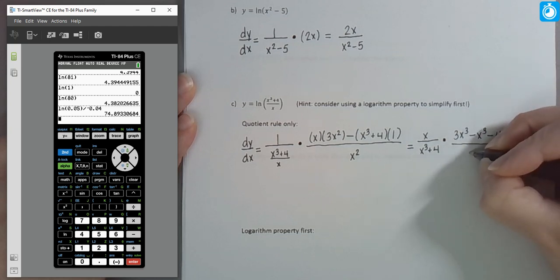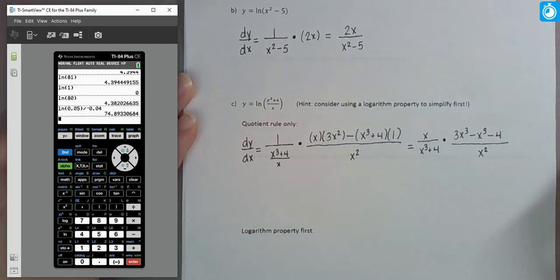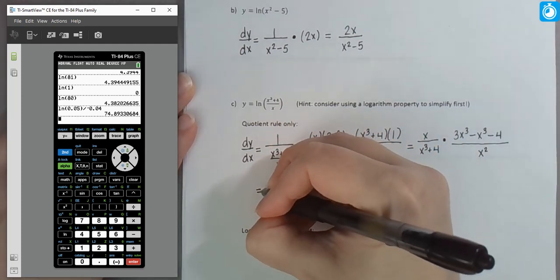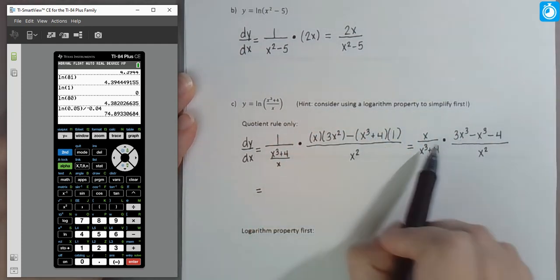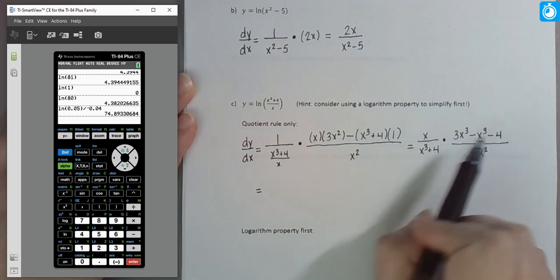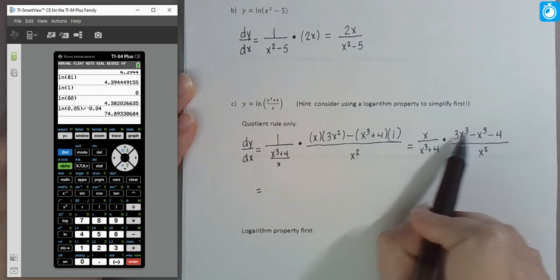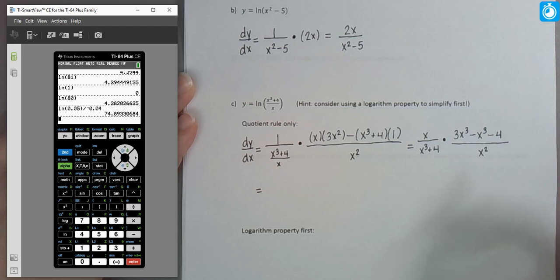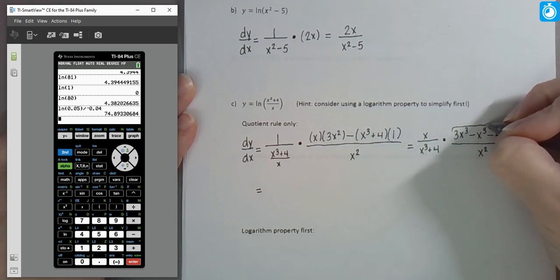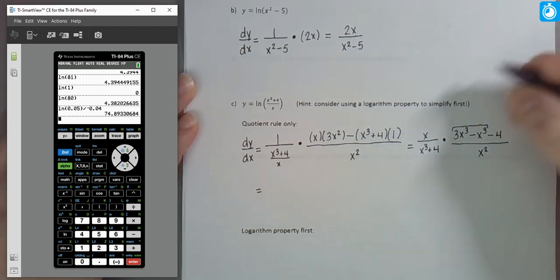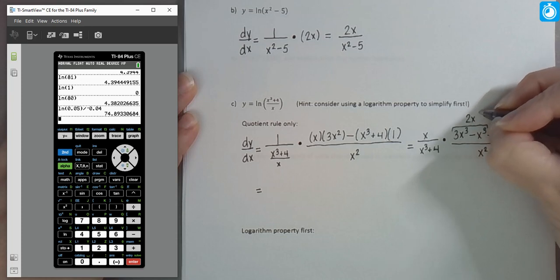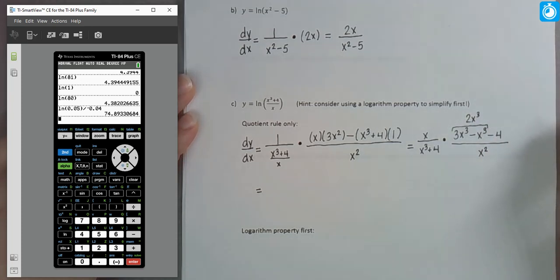And then all of that is divided by x squared. So keep going. We can distribute the x in the numerator. First off, I would go ahead and combine these two terms though. What are those going to combine to? So we have 3x cubed minus x cubed, so 2x cubed in total minus 4.